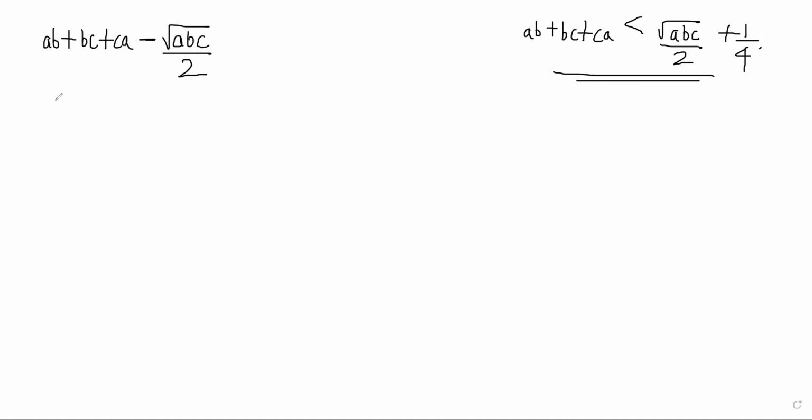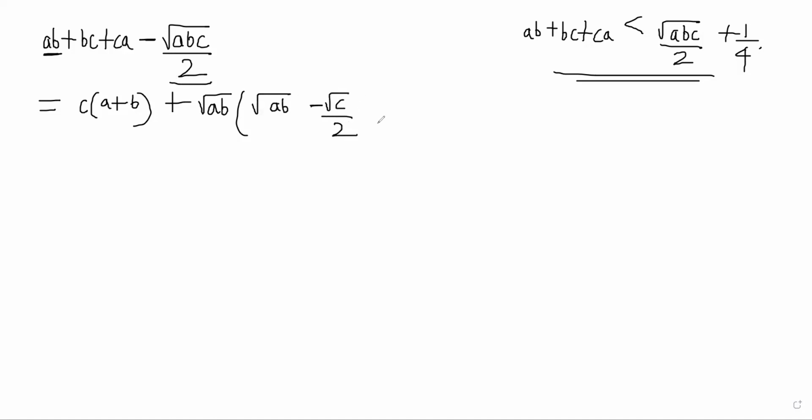Now this is equal to C times (A plus B). This accounts for the terms AC plus BC. And then we can take root AB common between this term and this term, and you will get root AB times (root AB minus root C by 2) inside. Great.